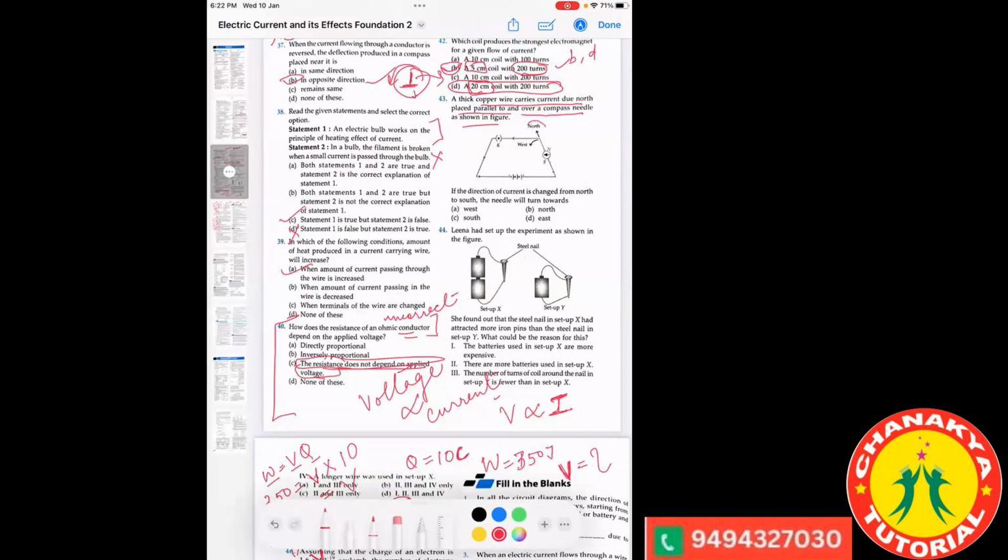If the direction of the current is changed from north to south, the needle will turn to the east. When it was in the north direction, it was turning in the west direction. But when they have changed it to south, it should go in the east direction. So that is why the answer is B, east. Okay.